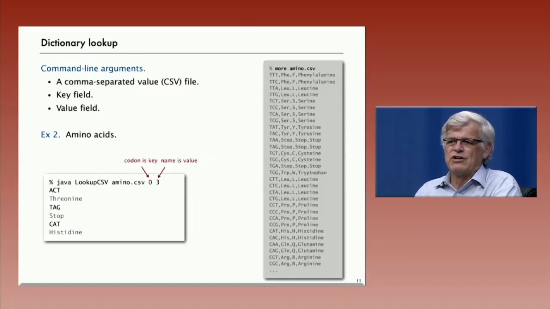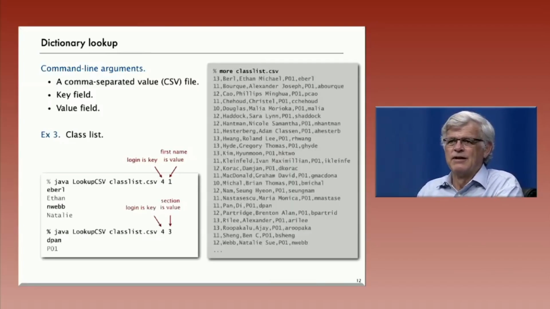And that's an association that's well known to biologists. Then you can use this lookup CSV client to quickly get the name associated with any given codon. That's just another simple example. This is a very general tool. Any CSV file, you can pick any field as the key and any other field as the value.